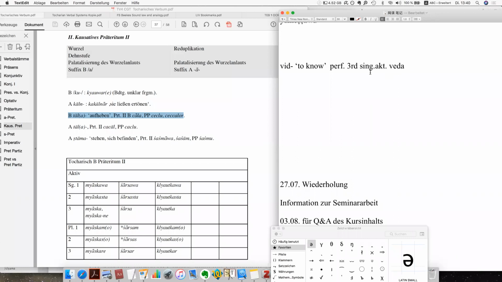Yeah, it looks like there's no reduplication, but it is not true. There is reduplication here. We can write it like this. So the original root is called vet, right? And the reduplication, you have the v, actually ve, yeah, right?